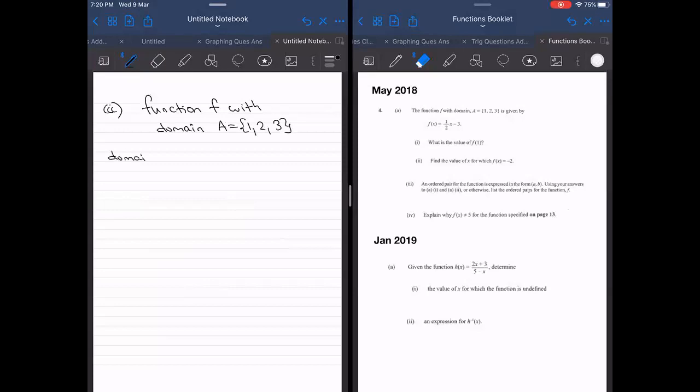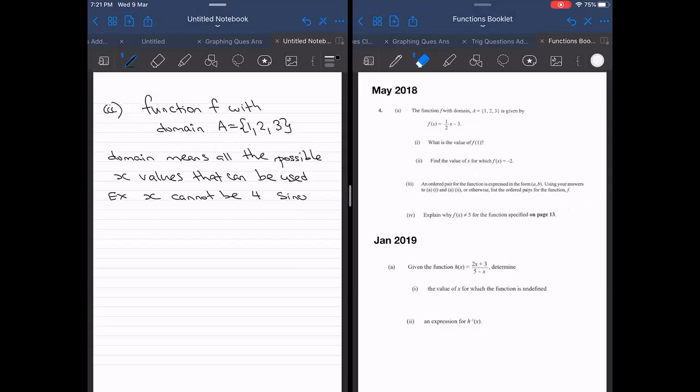So the domain means all the possible x values that can be used. All right, so for example, x cannot be 4 since it is not a part of the domain.